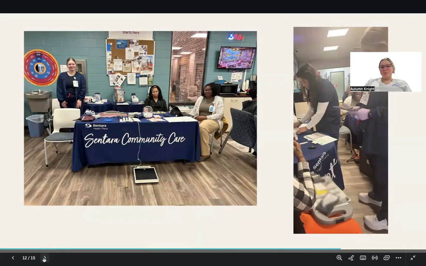So here are just some pictures that I included of me at the YMCA, and I was doing my teaching project, educating patients about A1Cs and performing that with the A1C Now machine. It was really beneficial and rewarding because a lot of these people that I checked their A1C, there was an education barrier.